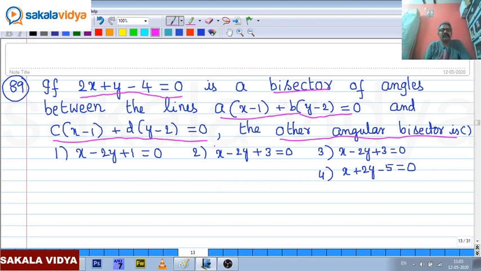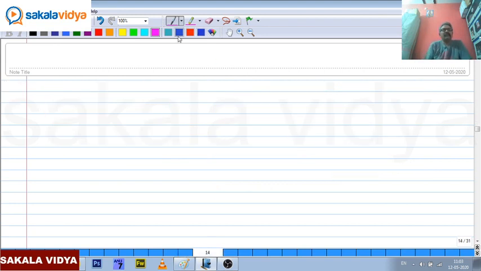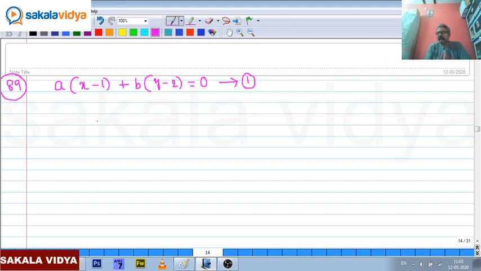So the given lines are a into x minus 1 plus b into y minus 2 equal to 0, equation 1. The second line is c into x minus 1 plus d into y minus 2 is equal to 0.